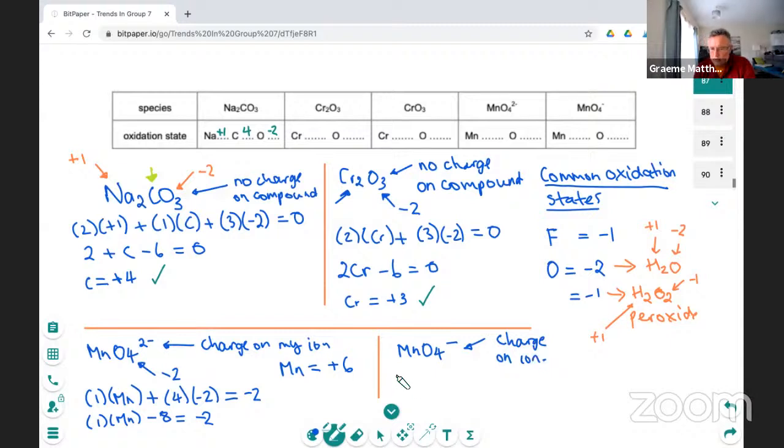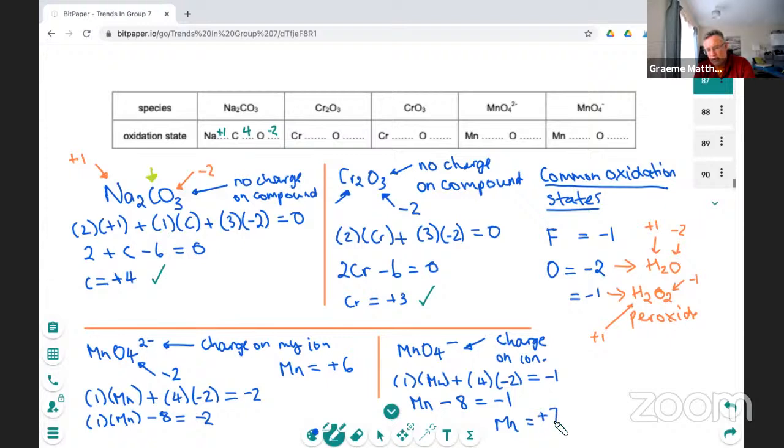I'm picking up on the fact that manganese has to be the variable oxidation state. Why? Because it is a transition metal. 1 manganese and 4 oxygens at -2 add up to -1. So manganese, minus 8, is -1, and so manganese has to equal +7.